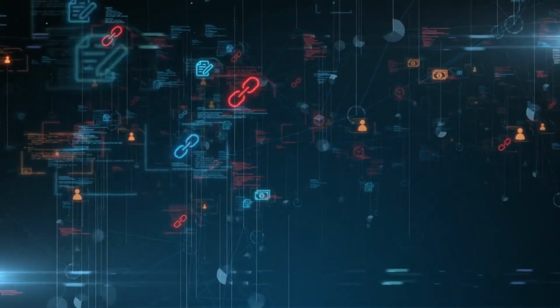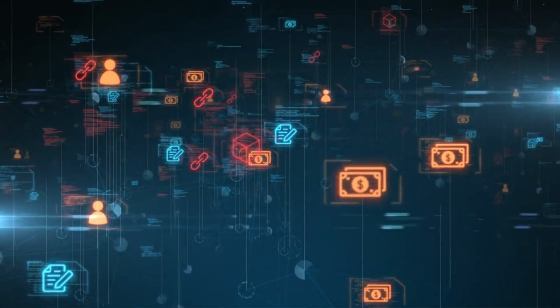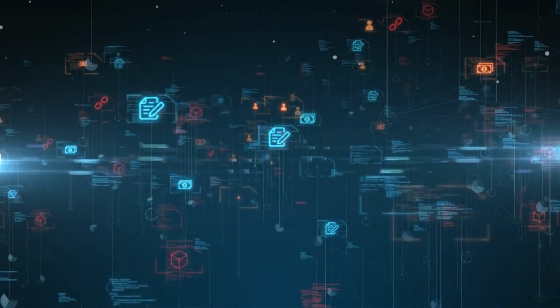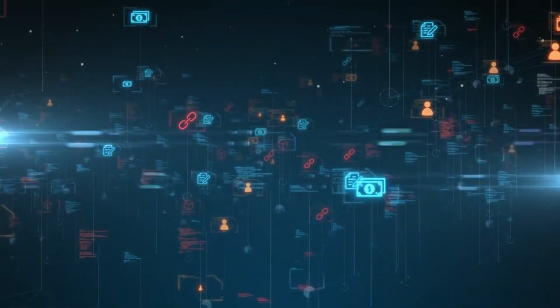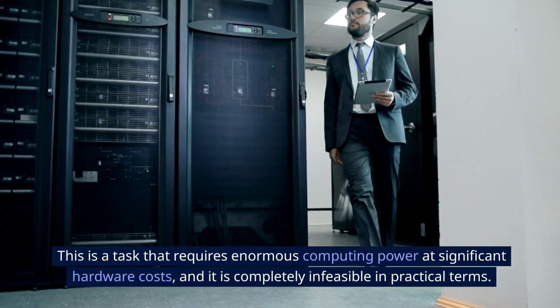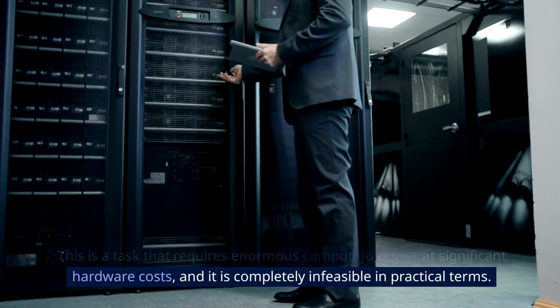On the other hand, nonce also helps ensure the security, integrity, and immutability of the blockchain network because changing data in an existing block will require recalculating the nonce. This is a task that requires enormous computing power at significant hardware costs, and it is completely infeasible in practical terms.